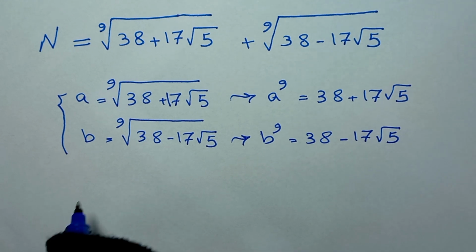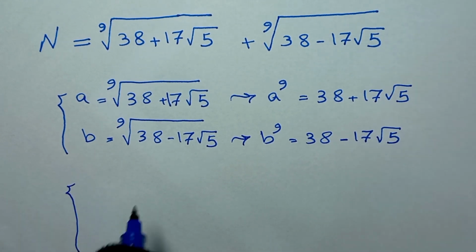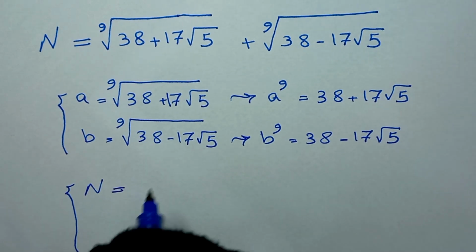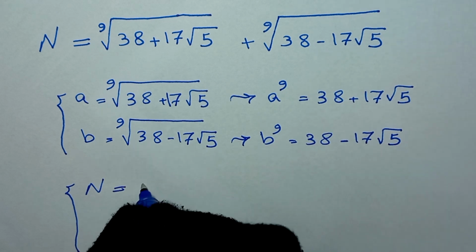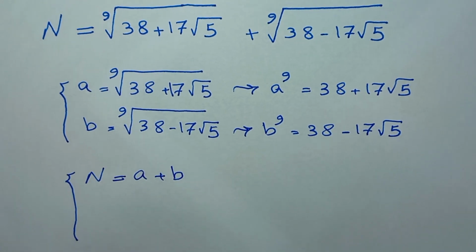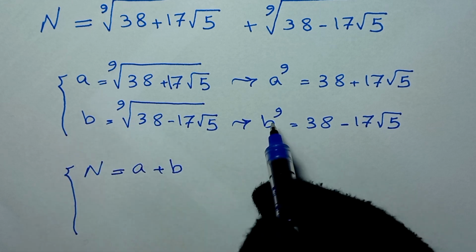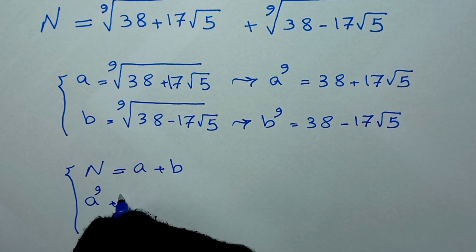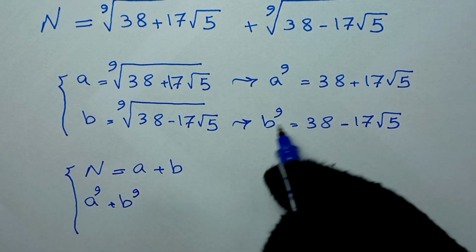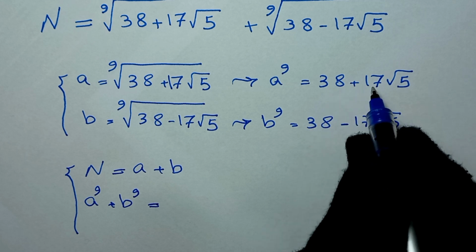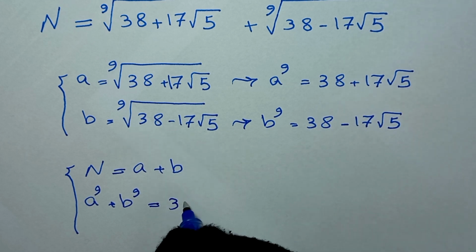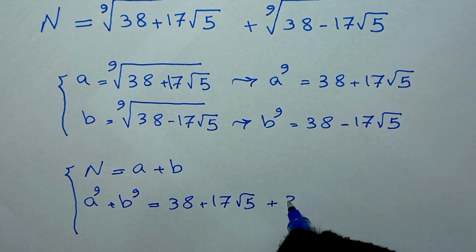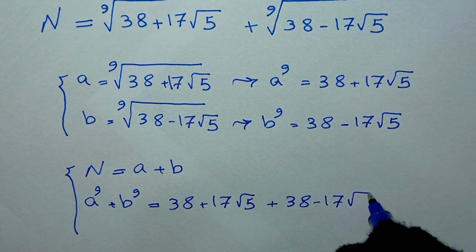And in the next step, in here we write this equation, and n is equal to a plus b, right? And in the next step, from these two equations, we add these two equations together, and it will be a to the power of 9 plus b to the power of 9 is equal to 38 plus 17 square root of 5, plus 38 minus 17 square root of 5.